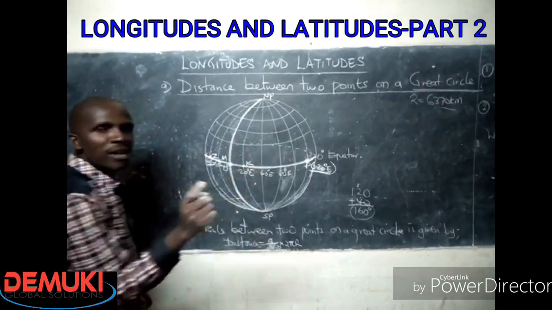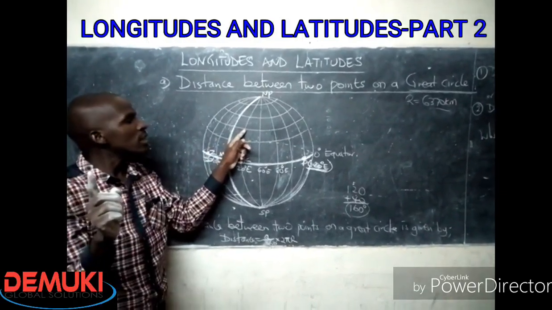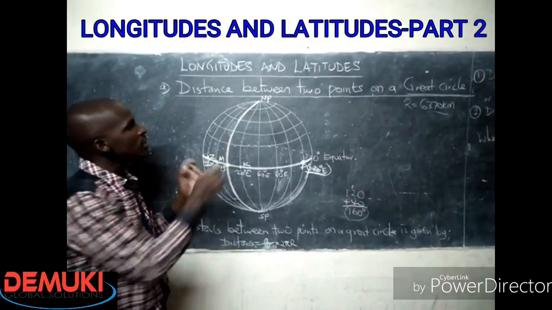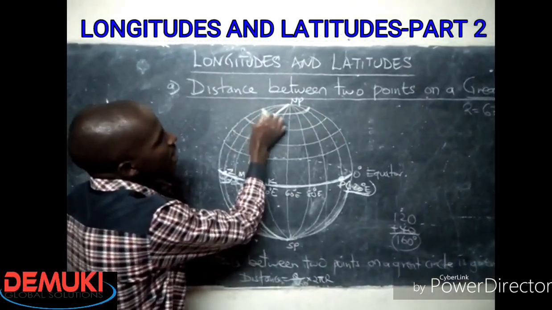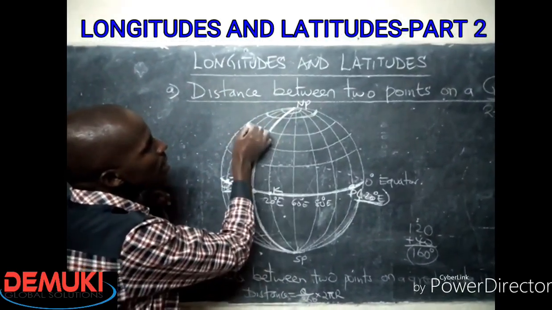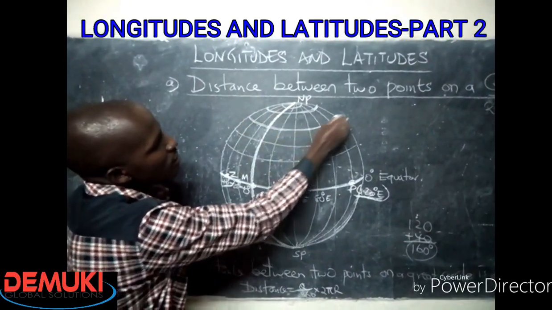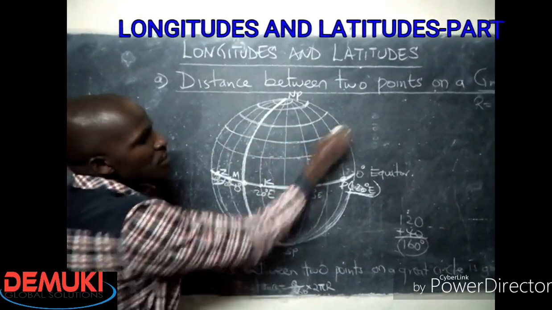We'll come to them, and we will notice that the diameter for the latitudes is not constant, because this latitude is obviously smaller than this. The circumference of this one here and the circumference of another one at the top is less than the circumference of this one. That one is less than the circumference of this one, you see.